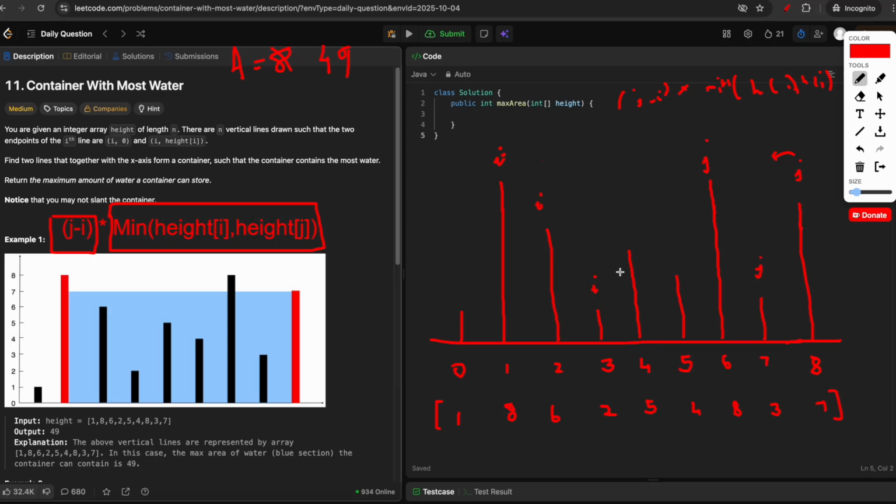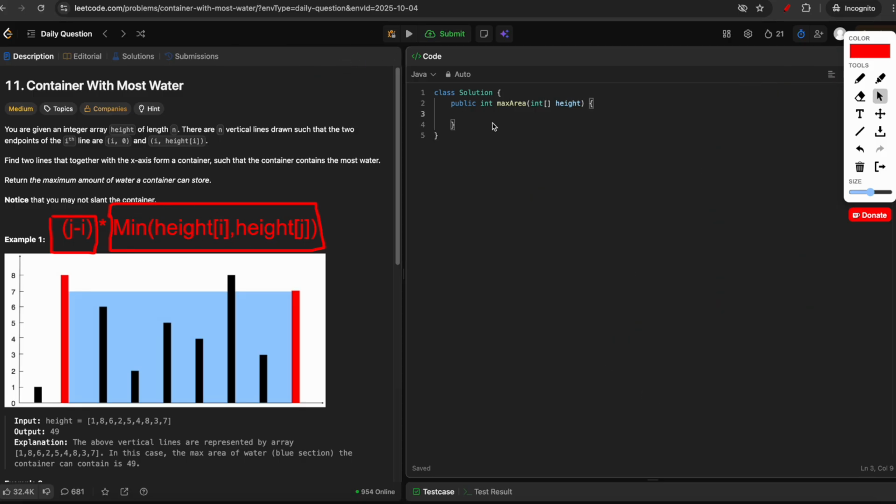Then again, out of i and j, i is the smallest, so i moves, and then again i moves. So finally we arrived at this, and we find the area as such. After that, height of i is less than height of j, so we again move i forward. So as soon as i and j meet, we just stop, and whatever the answer we have, we just return it.